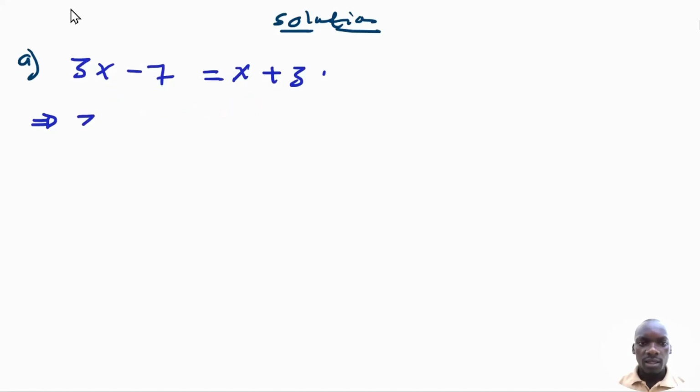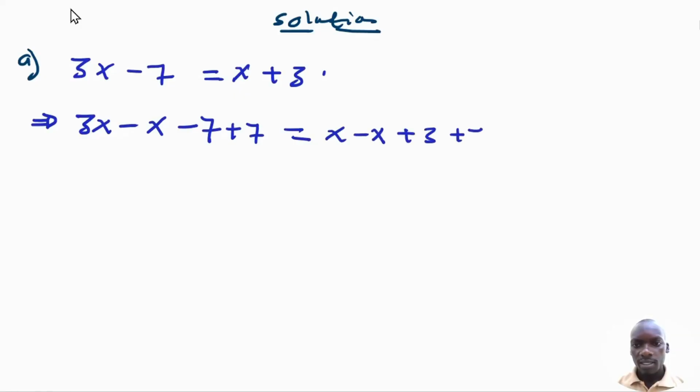We have 3x - x - 7 + 7 = x - x + 3 + 7. As we simplify, 3x - x gives us 2x. Then the -7 and +7 cancel out, and x - x cancels out. Then we have 3 + 7, which gives us 10.